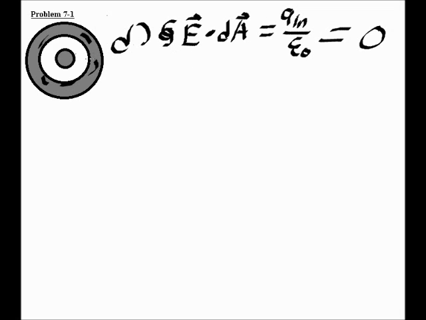So then the charge on the inner surface of the conducting shell must balance out with the charge on the insulator. So that means that the charge equals negative Q, because the insulator's charge is positive Q.